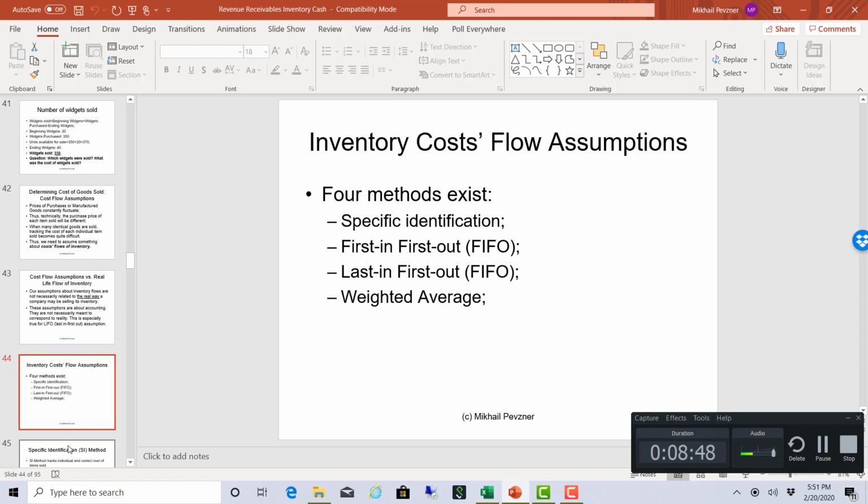Specific identification is when you somehow mark your units, you know exactly which units were sold, and you can track back to the original purchase date. That might be feasible for some highly valuable items you don't have a lot of, maybe you're selling diamonds or something, because they're very unique. But in a practical warehouse situation, it's too costly.